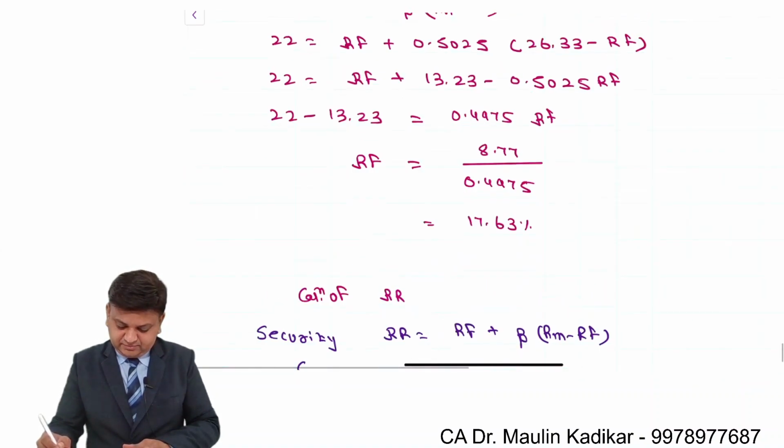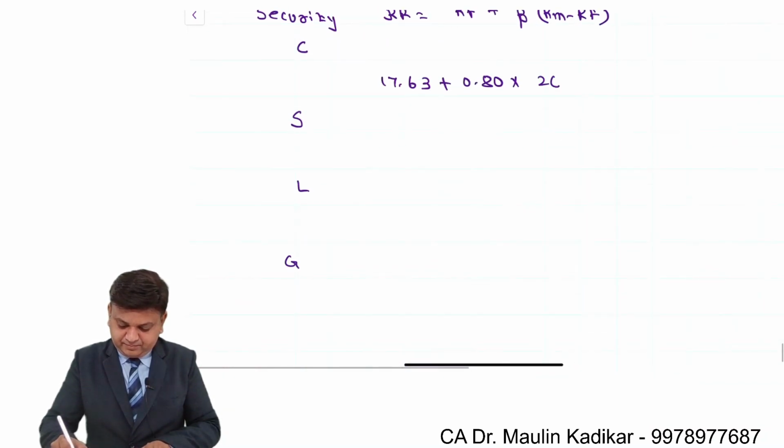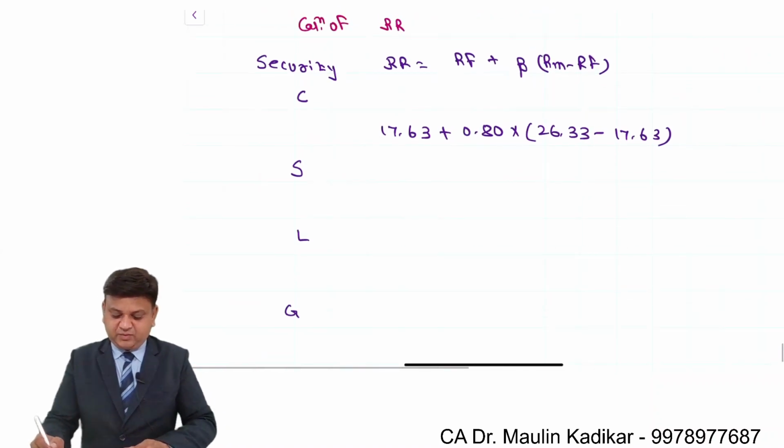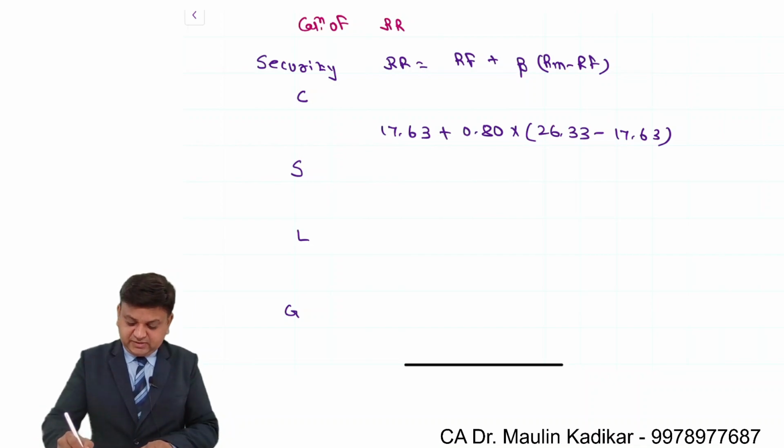RM is 26.33 minus 17.63. This is the way we are required to make the computation of the required rate of return for the first security, and so on for the remaining securities, taking into account the respective beta 0.7, 0.5 and 0.01.